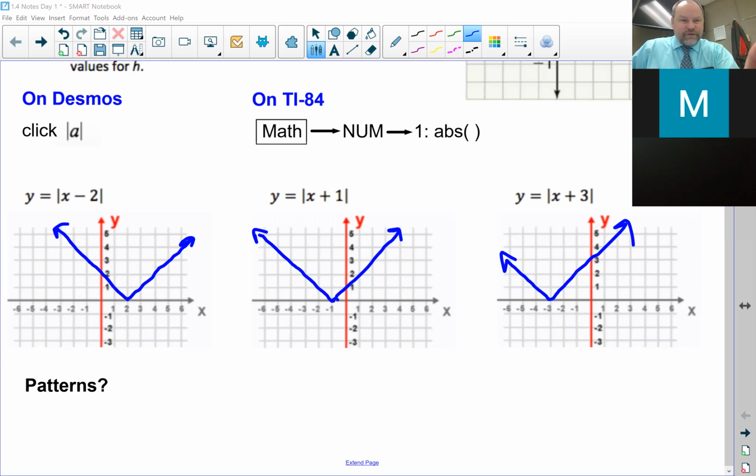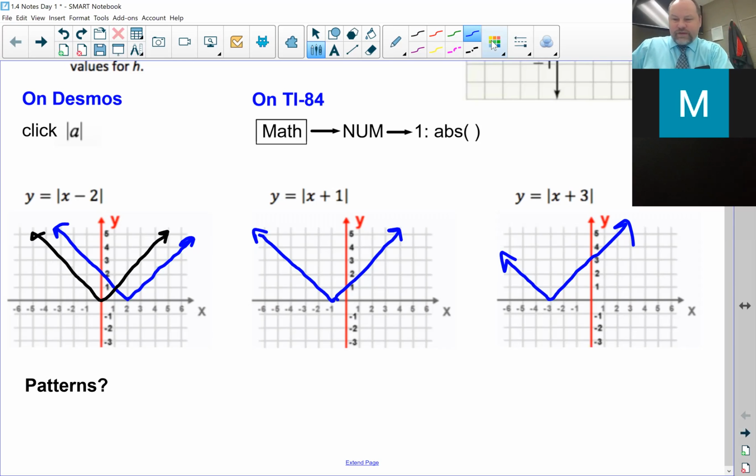So if I have the absolute value function, in black, this is just the normal absolute value function, if I can draw it right. What happened when I subtracted 2 inside the absolute value function?